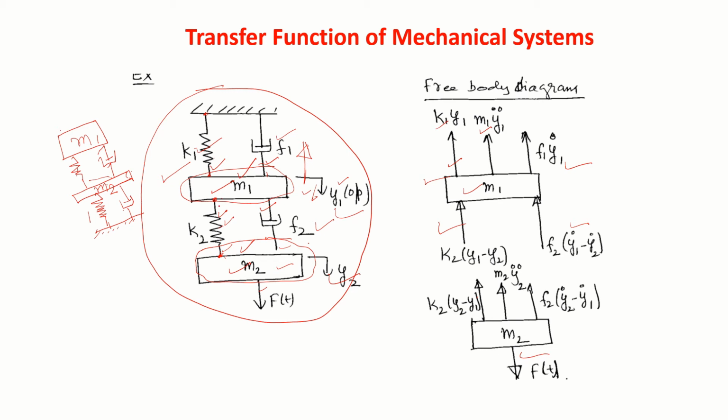So k2 (y2 minus y1), and for this F2 (y2 dot minus y1 dot), and the inertia force is m2 y2 double dot. This is not relative motion, this is absolute. So m2 y2 double dot. Hope you have understood this. Once you have drawn the free body diagram, writing the equation becomes easy.